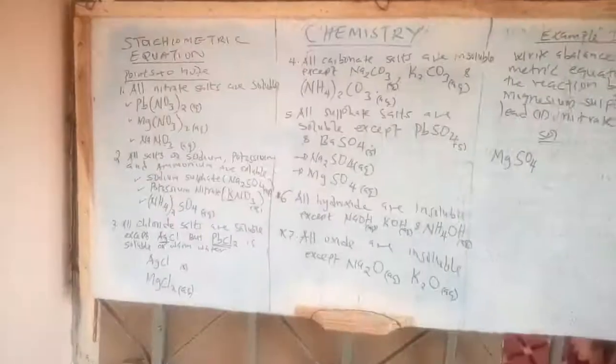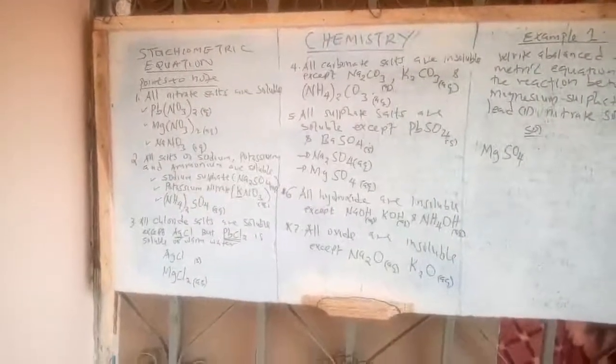and because it is a solution, you refer to the points which I have already discussed. In point number 5, I said that all sulfate salts are soluble except those of lead sulfate and barium sulfate, meaning that magnesium sulfate is soluble, and therefore I'm going to write AQ.